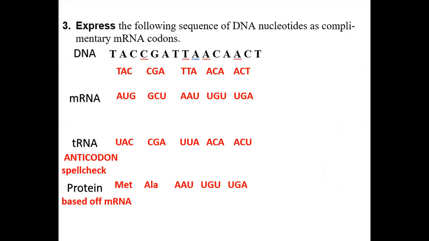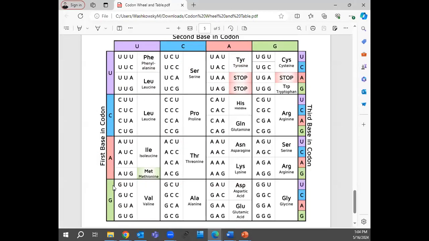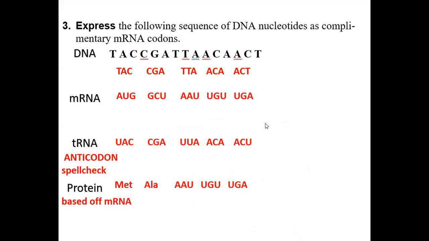Next, AAU. AAU, and then U is ASN, asparagine, ASN. Then I'm looking at a UGU.